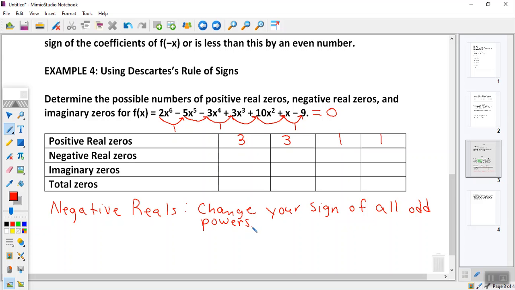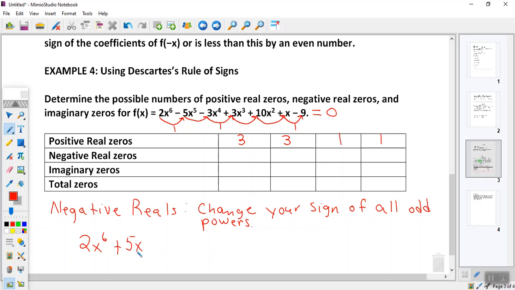So here's what I want you to write down. I want you to write down to check for negative reals. We're going to go ahead and call this now 2x to the 6th. Anything that has an even exponent, that coefficient sign will stay the same. Anything with an odd exponent, you want to change the coefficient sign. Okay? So is this going to be what next? After 2x to the 6th, what would I have?